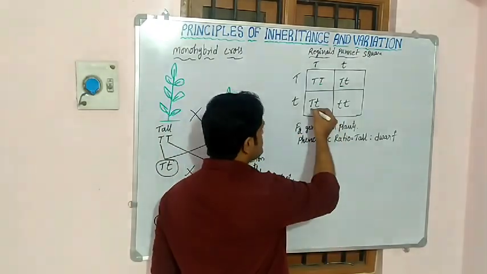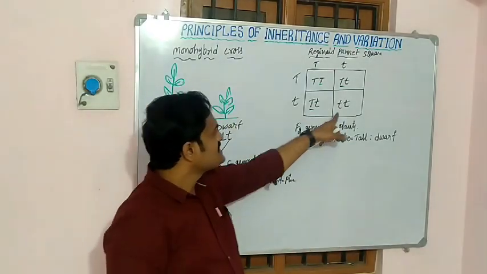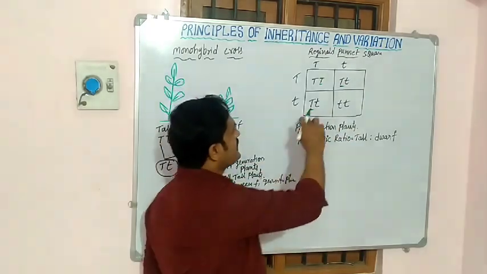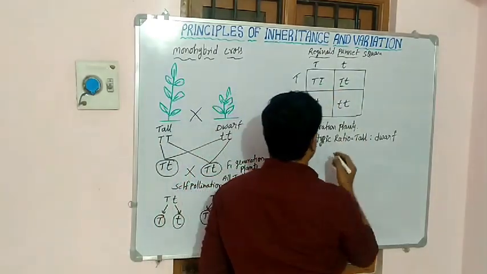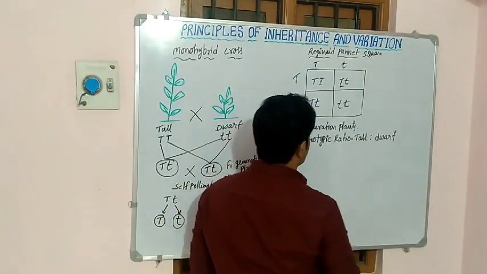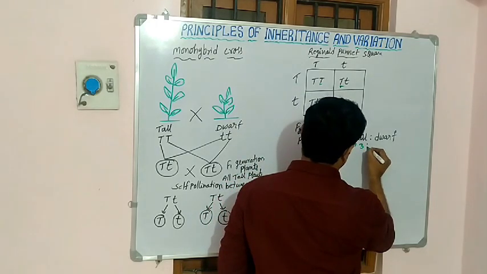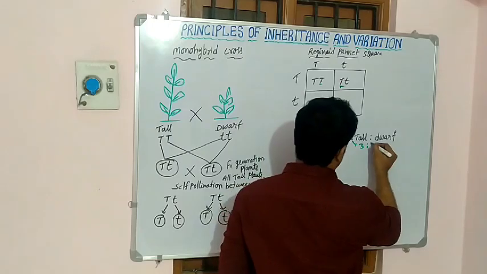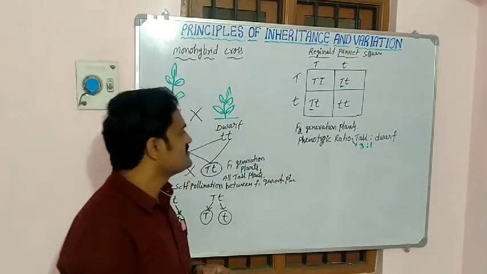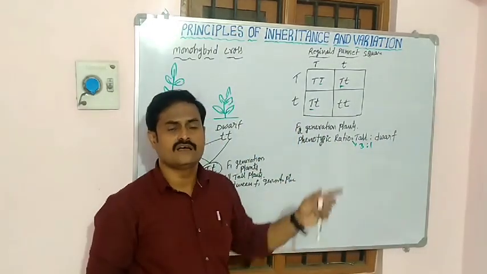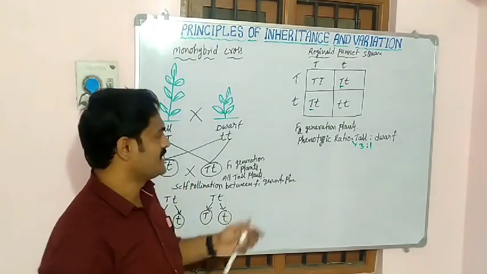Again here also tall plants. This one is not tall. So how many tall plants here? Three tall plants. So the phenotypic ratio is 3 tall to 1 dwarf. This is the phenotypic ratio of the F2 generation plants.